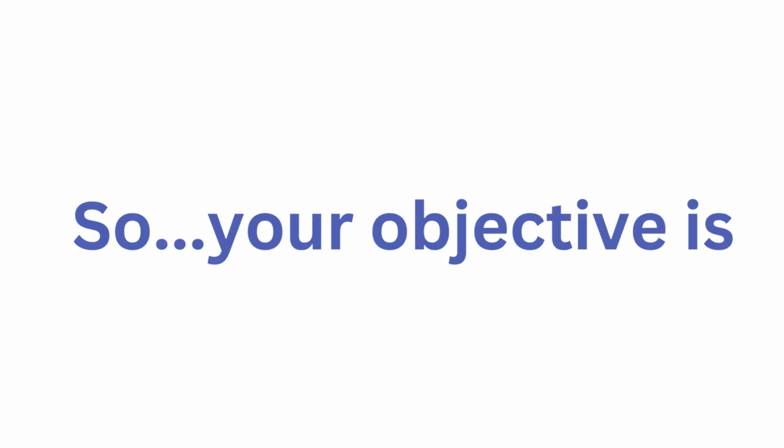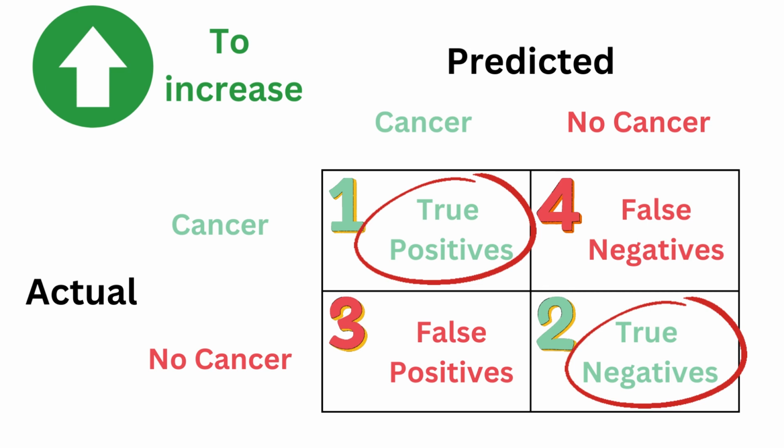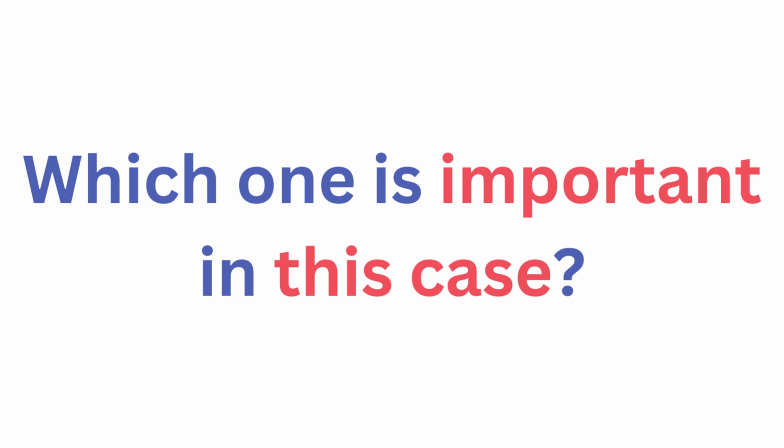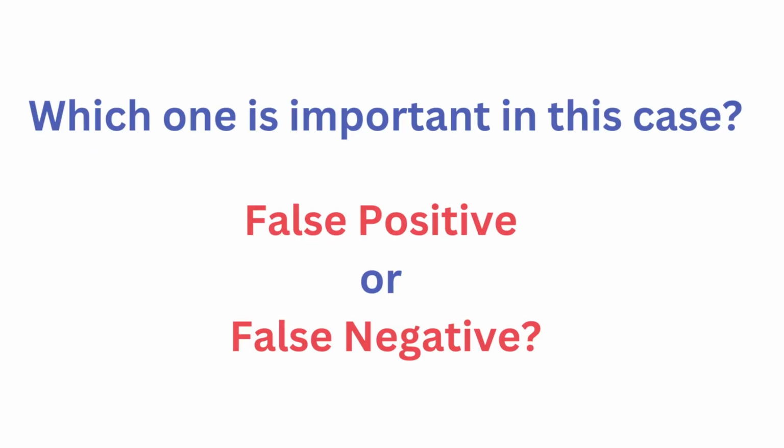So, your objective is to increase true positives and true negatives, while decreasing false negatives and false positives. What do you think? Which one is important in this case? Is it false positives or false negatives?